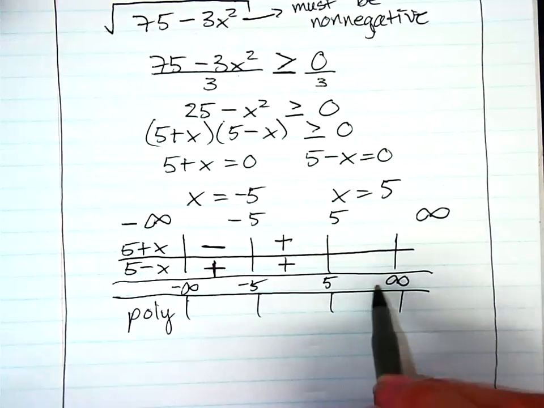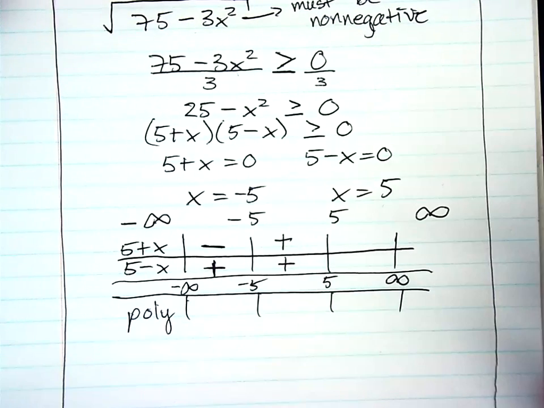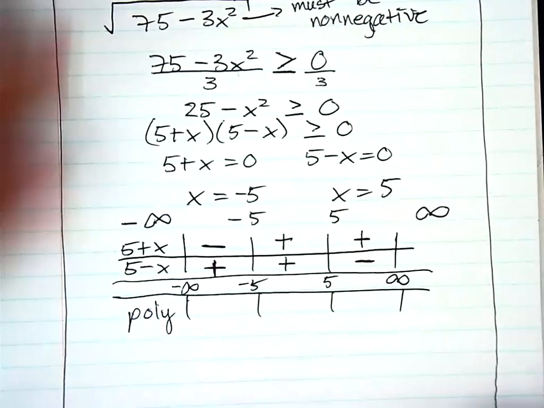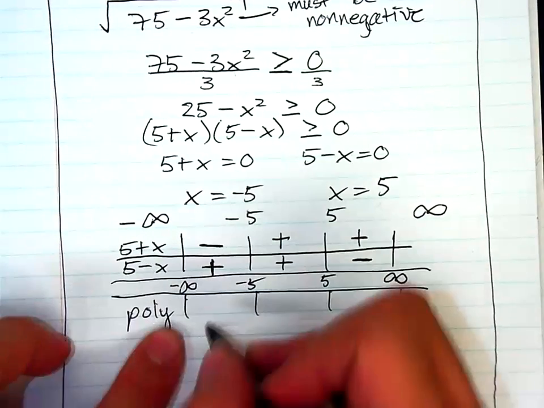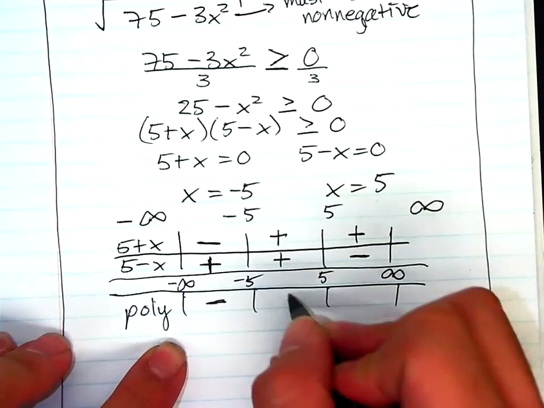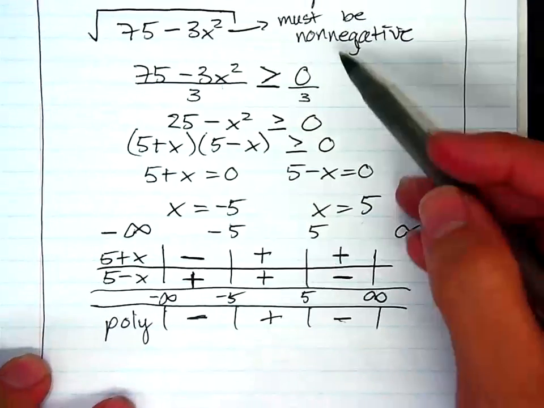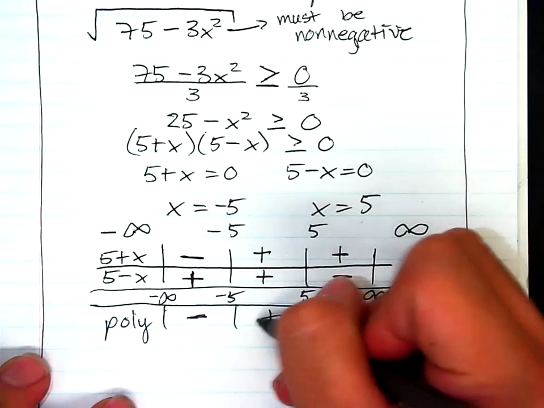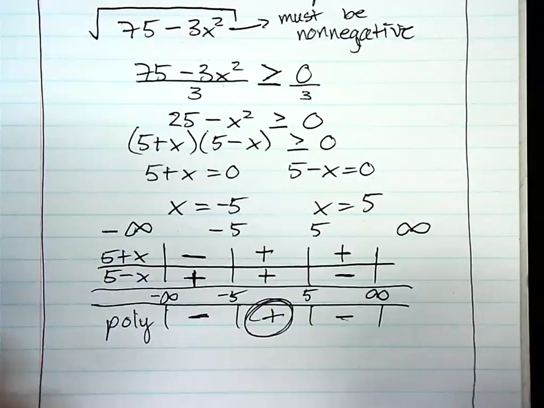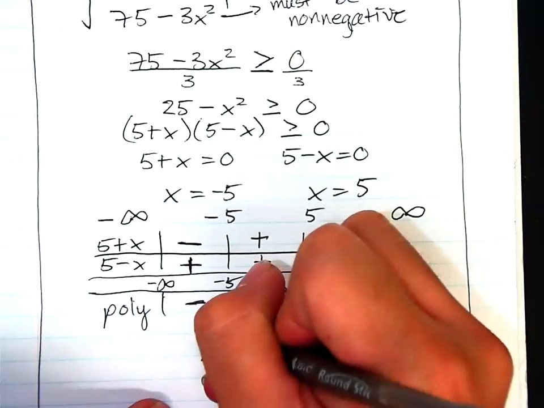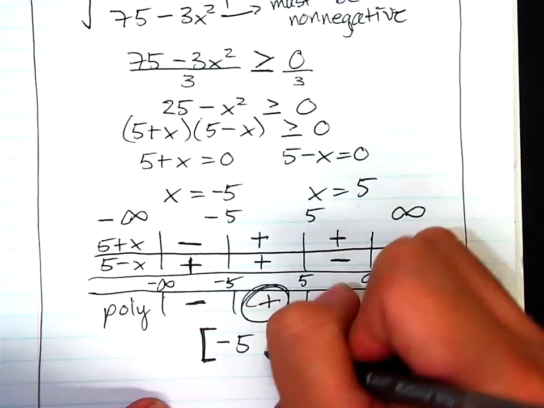Over here, I choose something greater than 5, so this one will stay positive, and this one will be negative. Okay. These two were factors to begin with, so I multiply them together. I get negative, positive, negative. I'm looking for an answer greater than 0 or equal to, so it's going to be that one. And we're also going to include negative 5 and 5, so my interval will be negative 5 to 5.